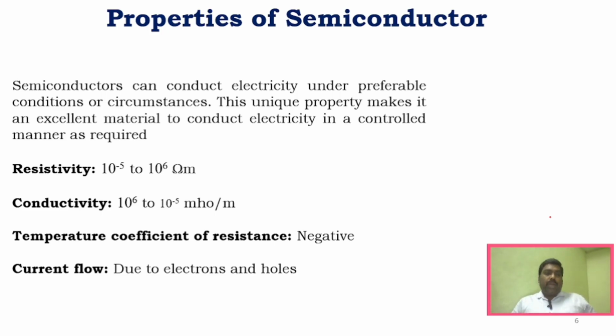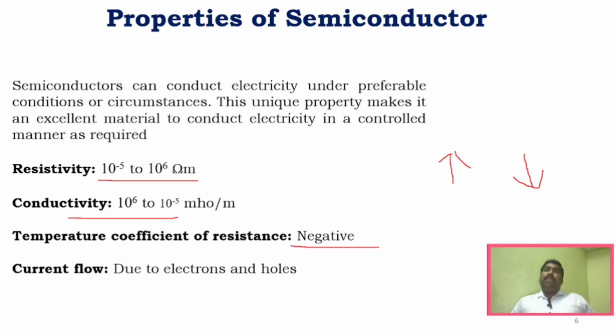These are the properties when it comes to resistivity: it is 10 to the power of -5 to 10 to the power of 6 ohm, and conductivity ranges from 10 to the power of 6 to 10 to the power of -5 ohm. And the temperature coefficient of resistance is negative, because as temperature increases, the resistance of the semiconductor to electricity reduces, right? And the current flow is due to electrons and holes, right? These are the properties of semiconductor.